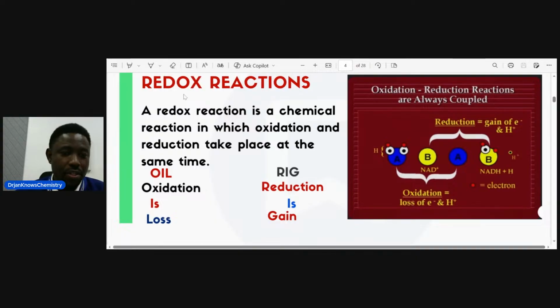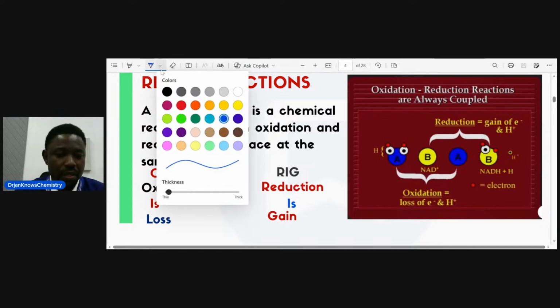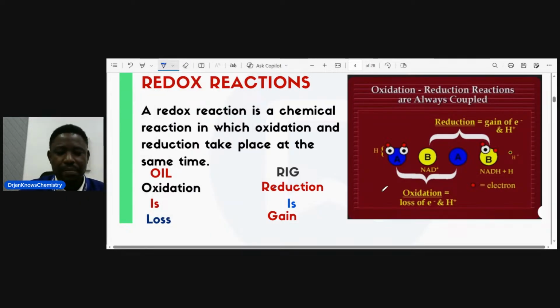One reaction is oxidation, another reaction is reduction, and both are taking place at the same time. That is what you need to know.